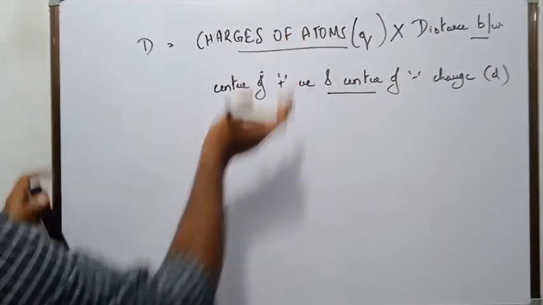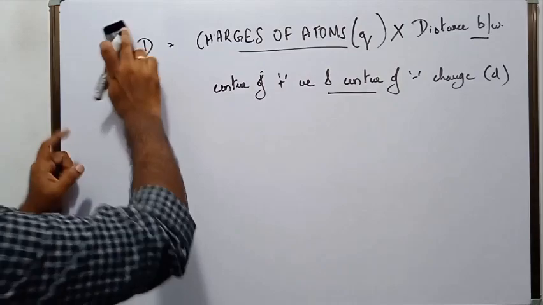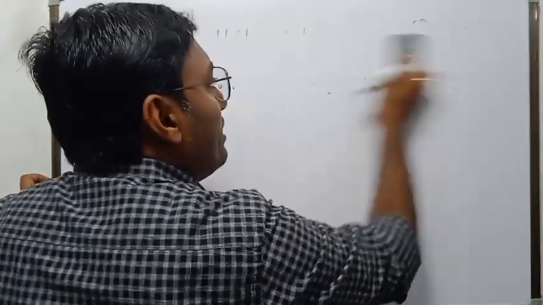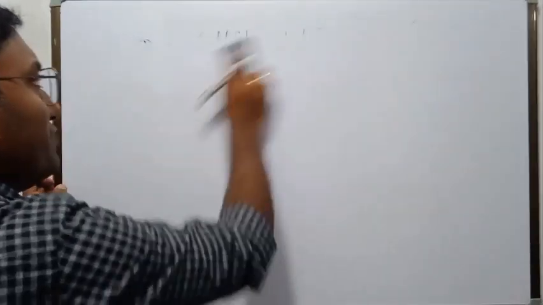Okay, the charge has a much greater impact. Let us understand what I have said by looking at the dipole moments of HF, HCl, HBr and HI.